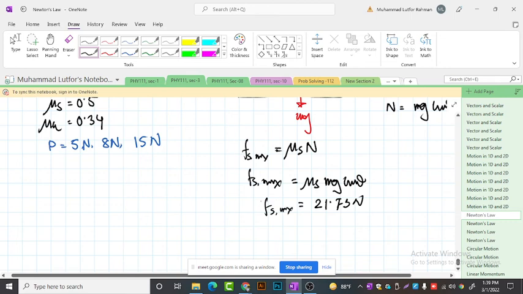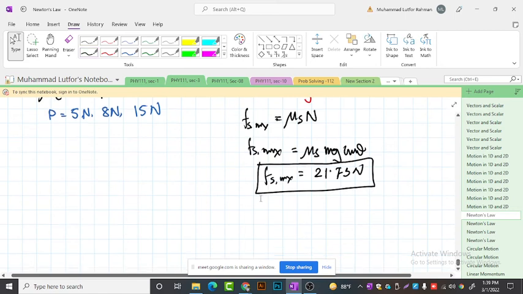It means that if the block wants to move toward the downward direction, the net force toward the downward must be greater than 21.73 Newton. Let's check when there is no P in that case. What is mg sine 15 degree?